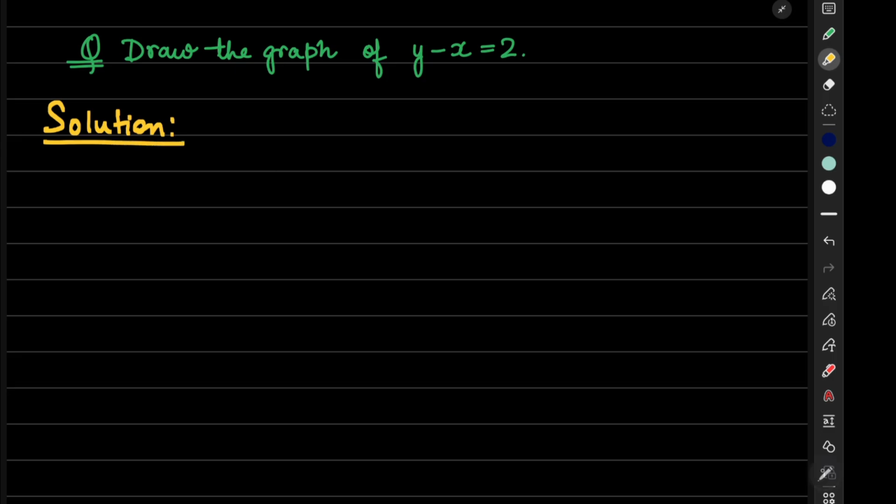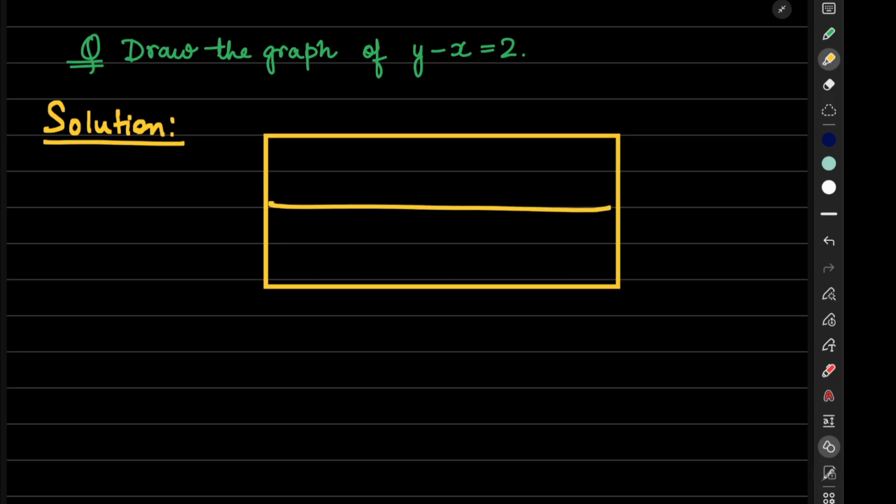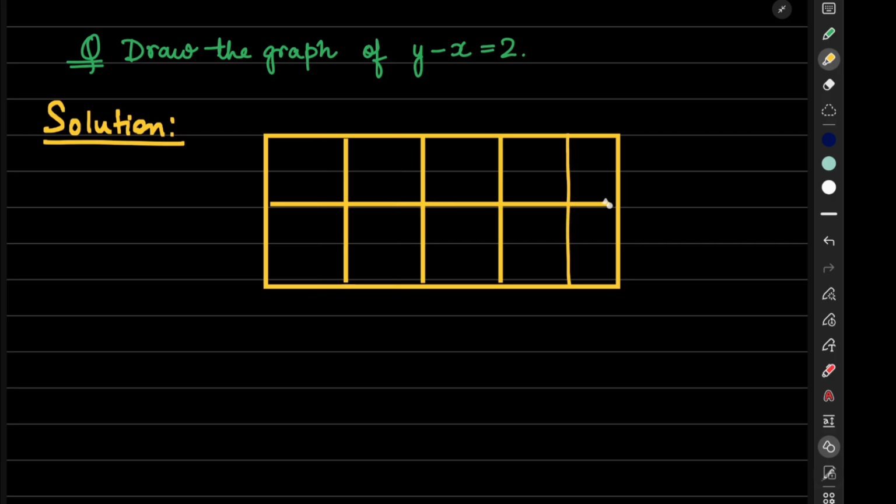So let's draw the table really quick. These are some of the values or solutions that we will find out. I think that's sufficient. So let this be your x and this is your y.